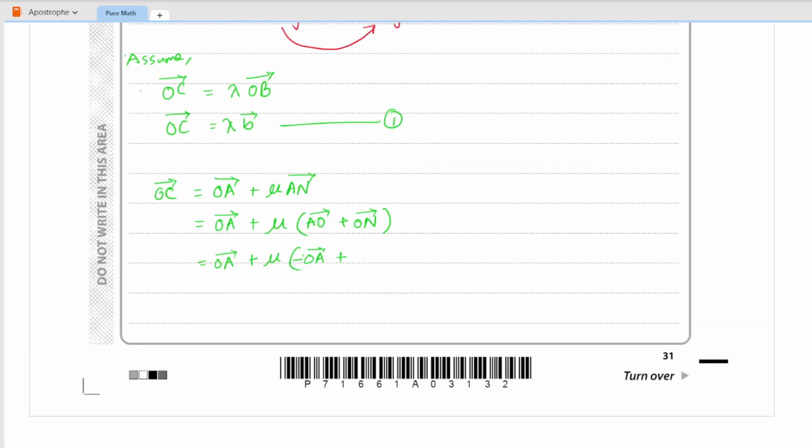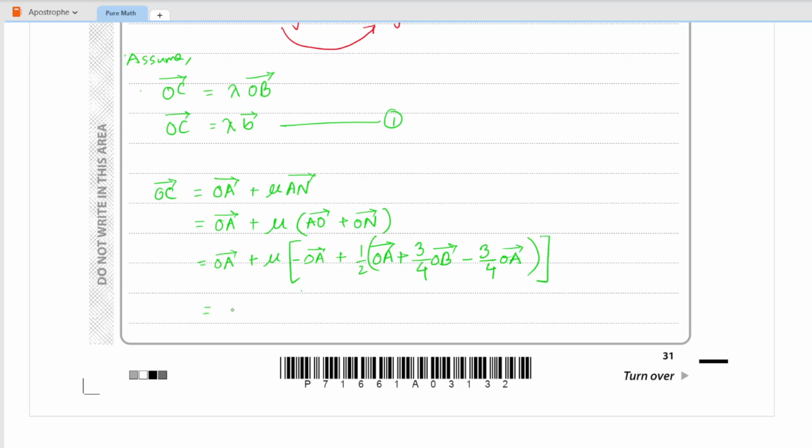Equals to, I can replace the bracket. Half of OA plus 3 over 4 OB minus 3 over 4 OA. So this is ON, and we close the bracket.